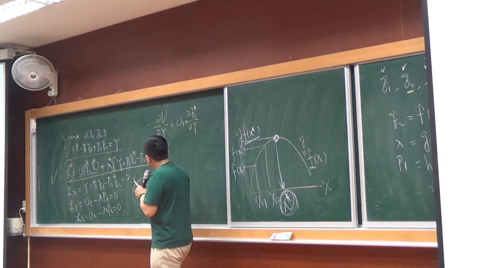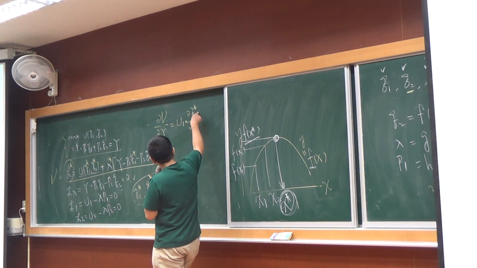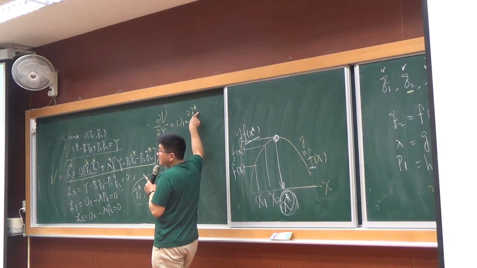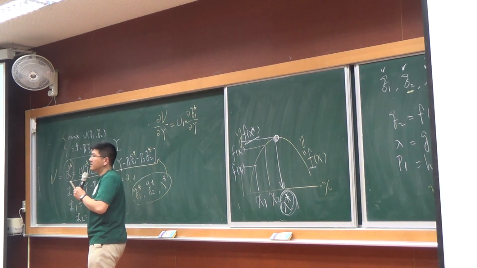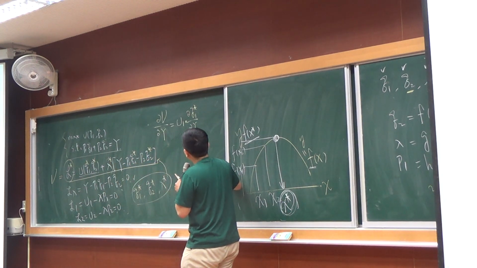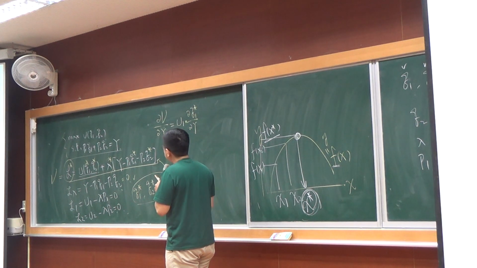So we may differentiate q1 with respect to y. Y may affect q1 star, and q1 star may affect u because we have q1 star here. So we have u1 multiplied by this. This is the first term.